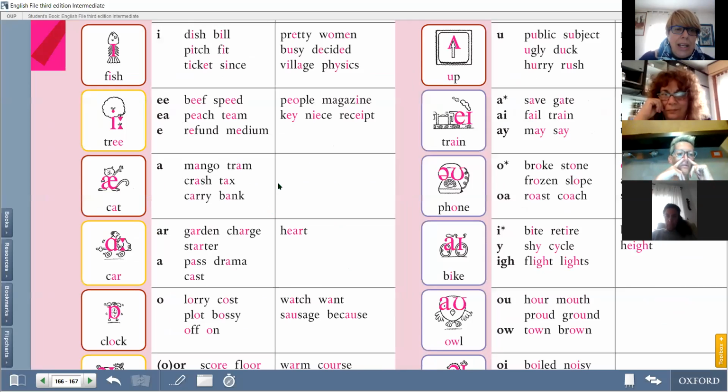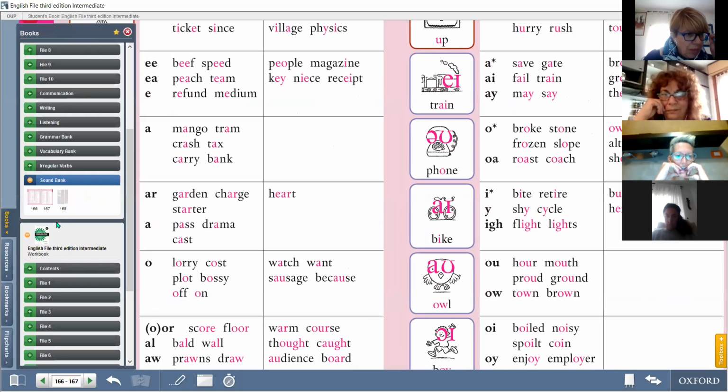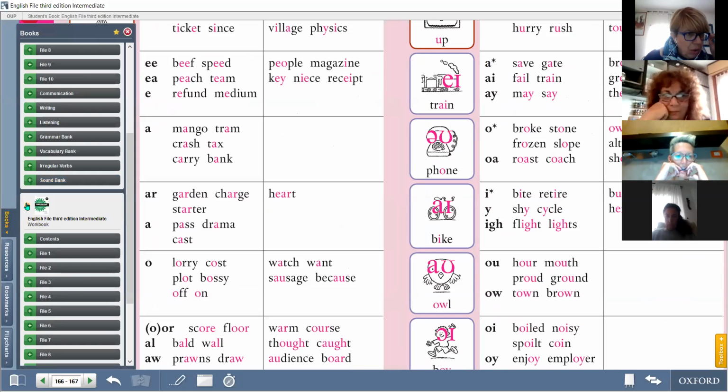So anyway, here you have them all gathered together. And then this book also has a lot of online exercises for you to do together or by yourself. But let's go right to what I wanted to do with you.